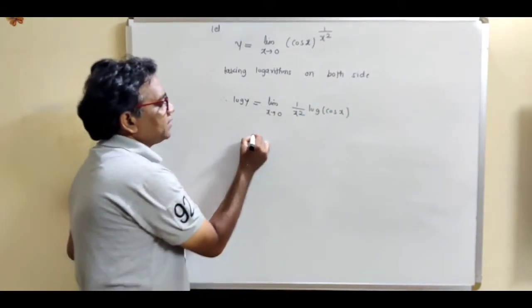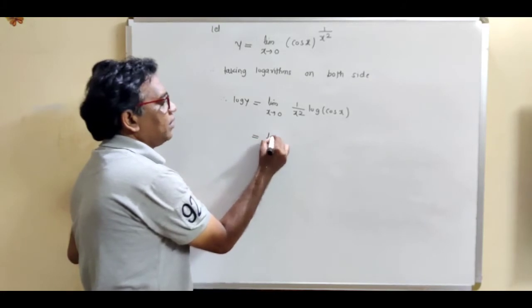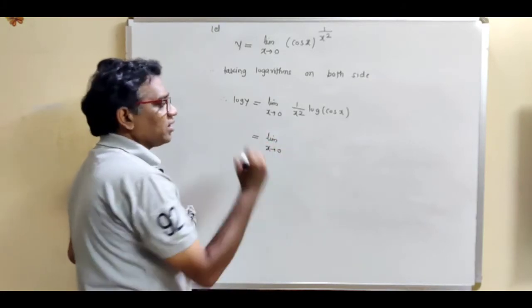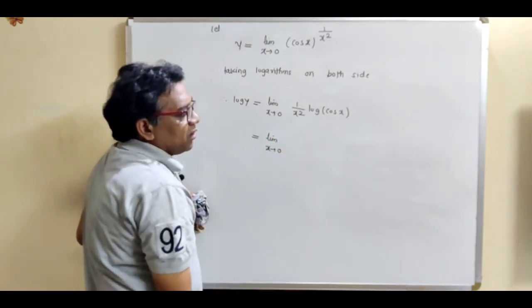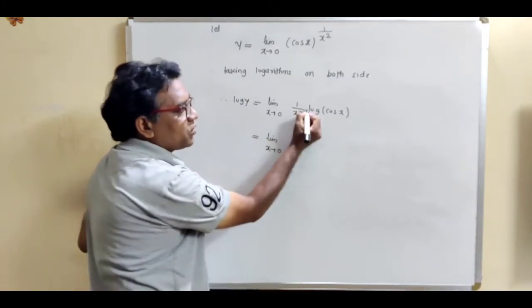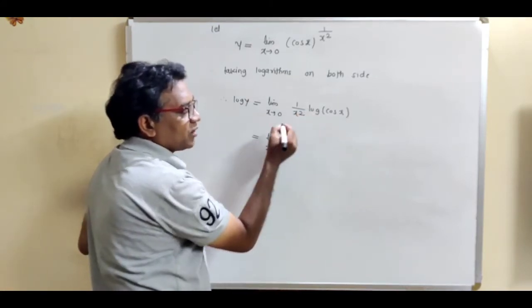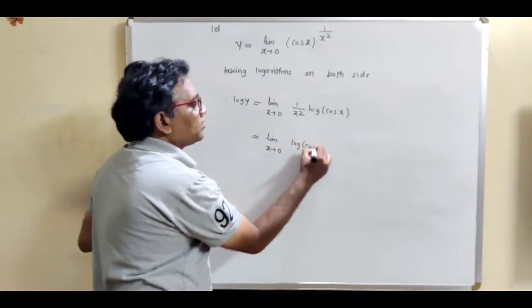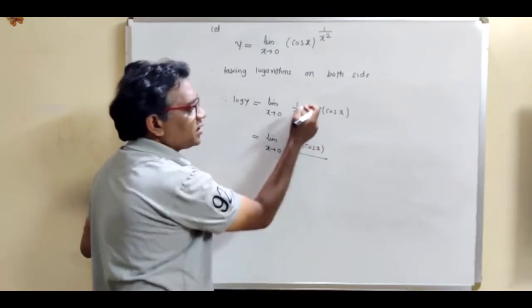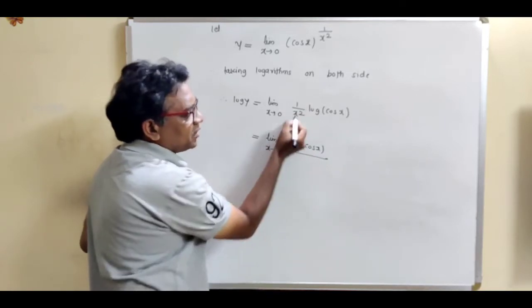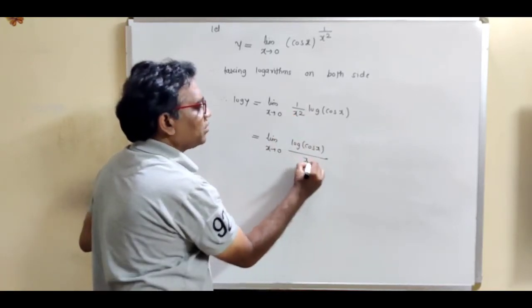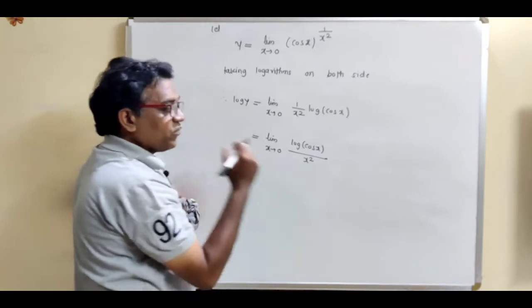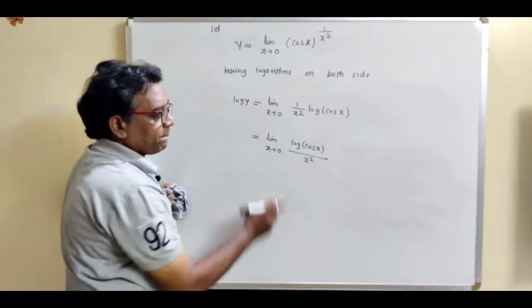So solve this limit. Actually this is in division form, not a product. So write this product in terms of division: just shift this x square to the denominator, giving log of cos x divided by x square.